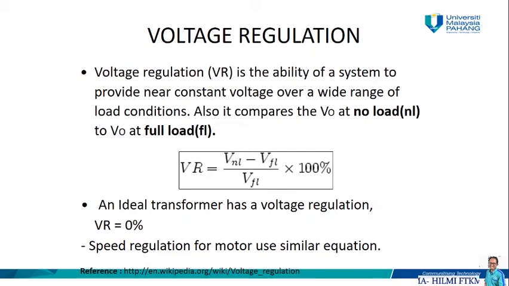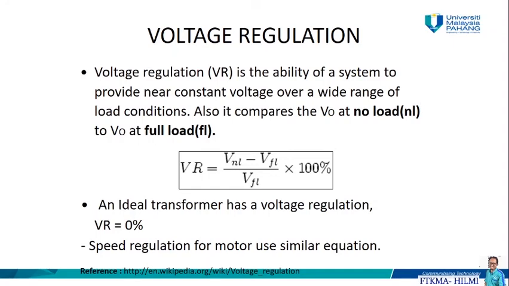Next, we also have the term voltage regulation. Voltage regulation is the ability of a system to provide near constant voltage over a wide range of load conditions. It also compares the output voltage at no load, NL, to the output voltage at full load, FL.